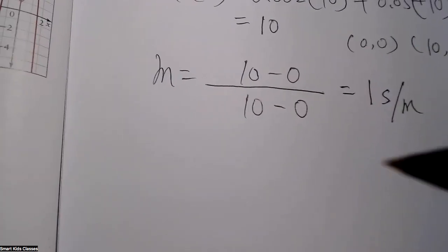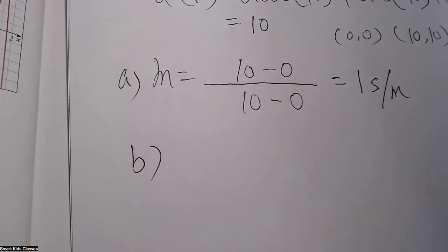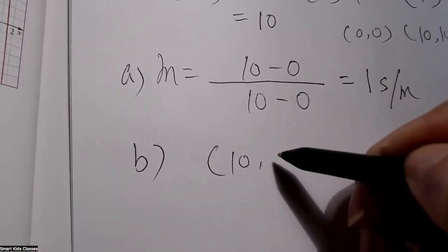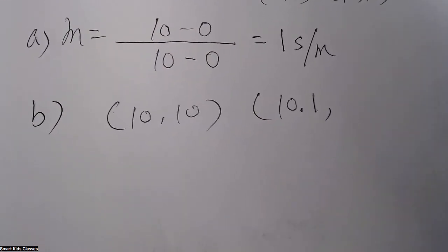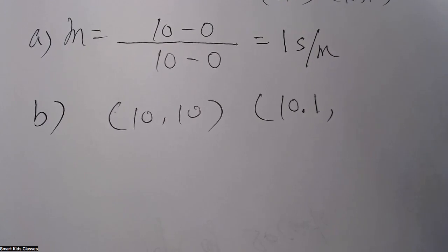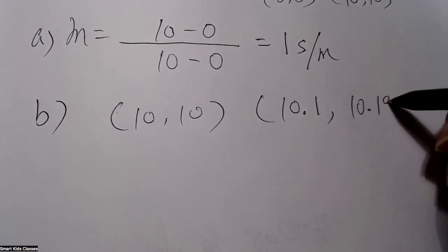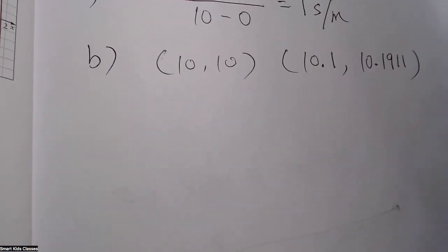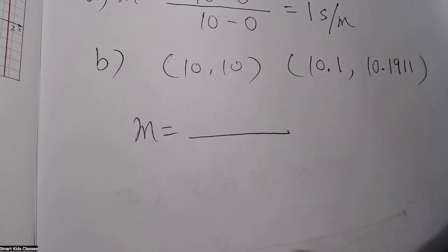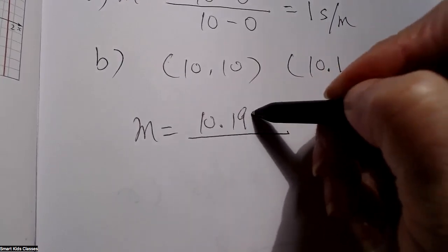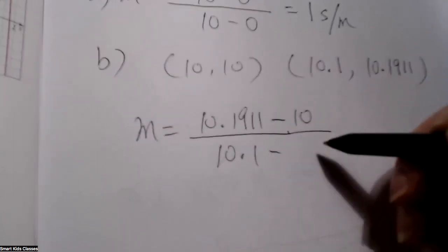Now the B. We're going to find the instantaneous slope. So B is going to be with the first point at 10. The second point, we're going to plug in 10.1 for the instantaneous slope. When it's 10.1, the point will be 10.1911. So m is equal to y2 minus y1, 10.1911 subtract 10, over 10.1 minus 10.